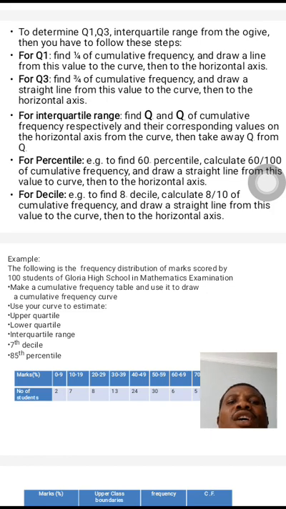That's what I'm saying: to get the interquartile range, you find Q3 and Q1, look at their value from the cumulative frequency, draw the line to the curve, and then to the horizontal axis. When you get that for Q3, you get that for Q1. The value you get, you take away the value of Q1 from Q3. That gives you the value for interquartile range from the cumulative frequency curve.